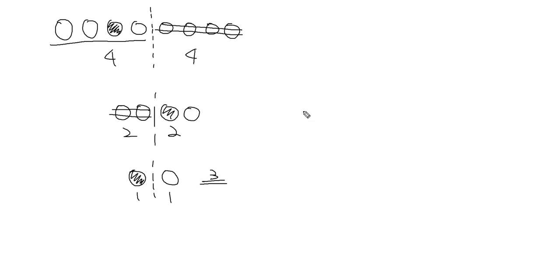But can we do better than this? So I'm going to draw the 8 balls again. Another way to think of it is don't just cut it in half. Try a scheme of 3, 3, and 2.